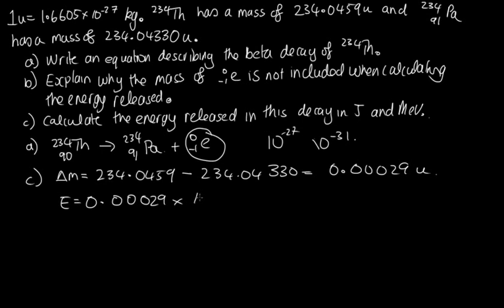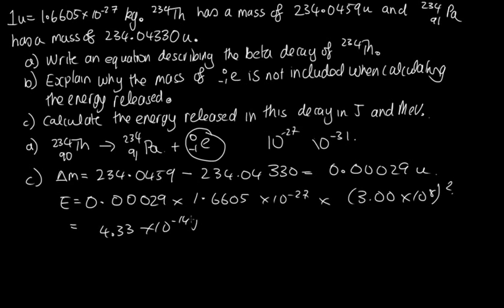Now to get the energy released in joules, we do the mass in kilograms, which is 0.00029 times this mass here, which is 1.6605 times 10 to the minus 27, times c squared, which is 3.00 times 10 to the 8 squared. And solving this, we get 4.33 times 10 to the minus 14 joules.